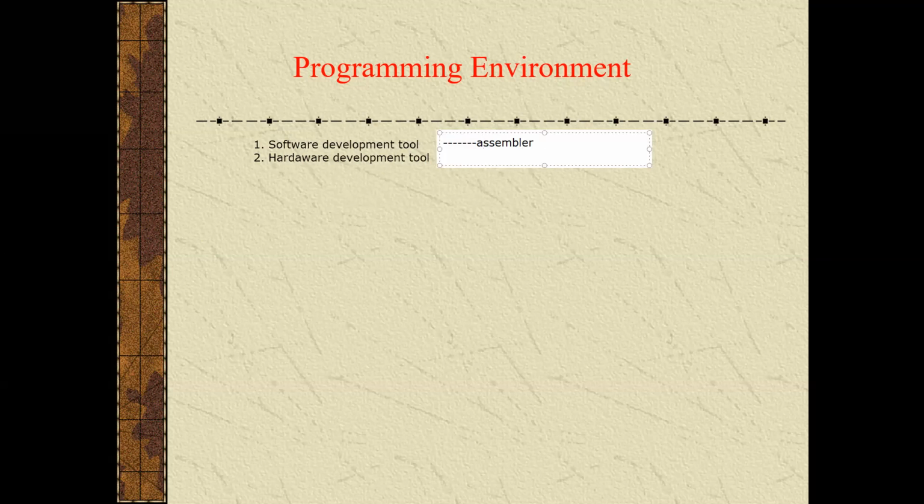Second one is editor. And third one is compilers. And fourth one is simulator.